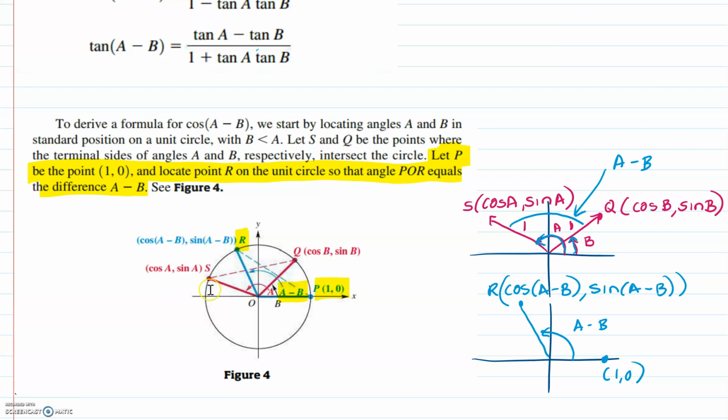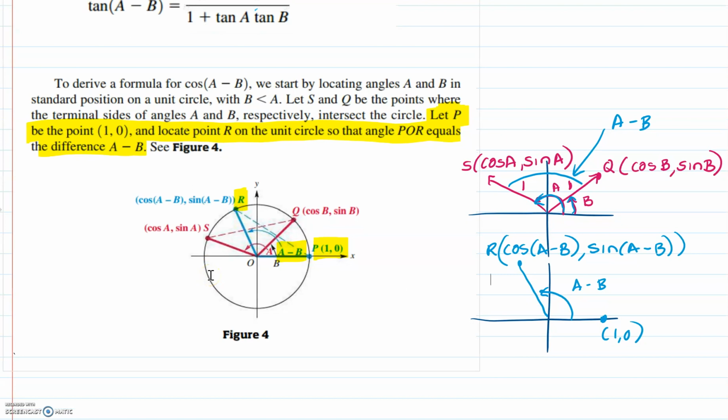So you can see that these two distances are the same. So we're going to say that PR is the same as SQ. The blue line, which is this line right here, that is PR, is the same as the pink line here, the S and the Q.